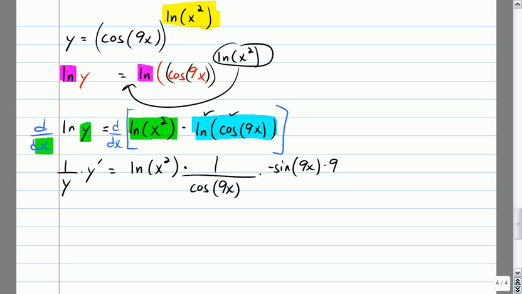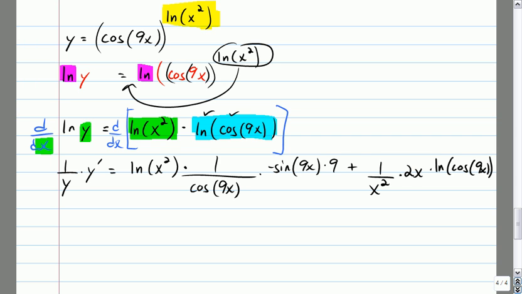Okay, so now I got the first function times the derivative of the second plus the derivative of the first function. So you got 1 over x squared times 2x, times the second function left alone. That's natural log cosine 9x.